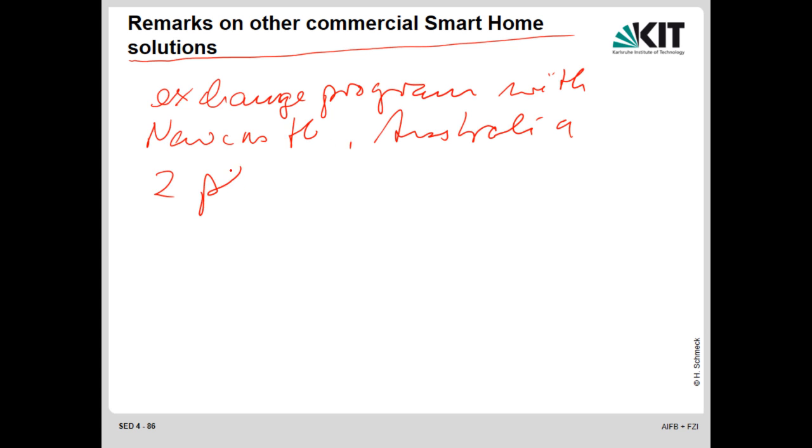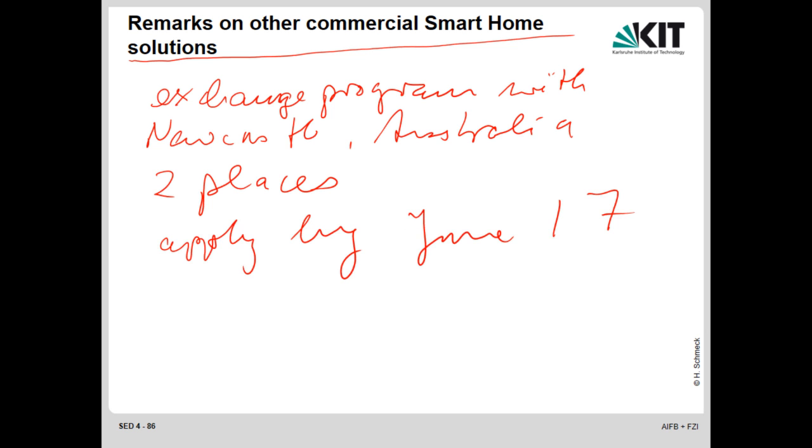Two places, you can apply by June 17. That means end of next week. I don't know whether you are aware of that. Somehow nobody applied so far.